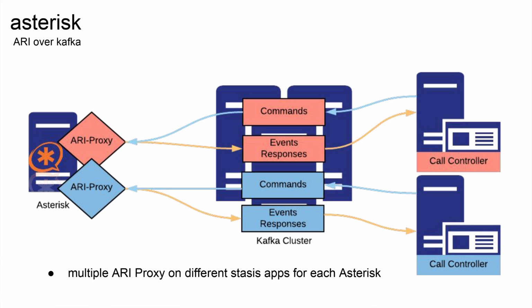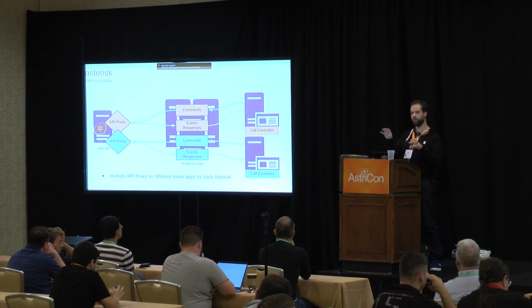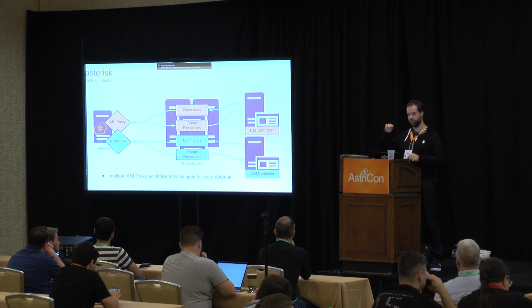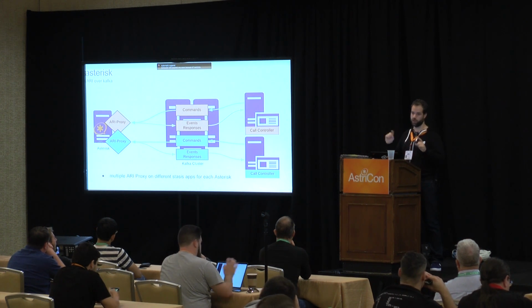So in this case, we have two ARI proxies for maybe different kinds of customers or different kinds of called numbers, however you want to split them up. The ARI proxy always talks to a certain events and responses topic, and the call controller sends the command to a certain commands topic. And the ARI proxy and the commands topic is a one-to-one dependency. So we have for each ARI proxy and each commands topic just one connection.